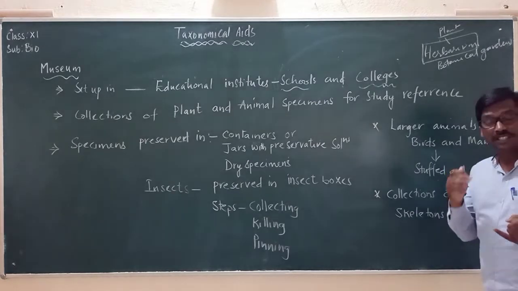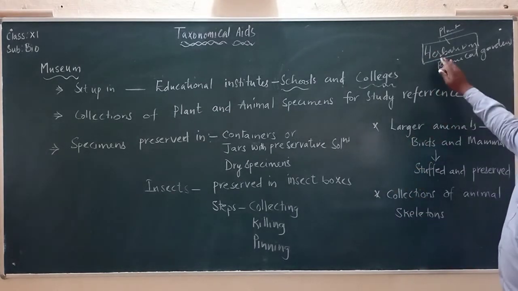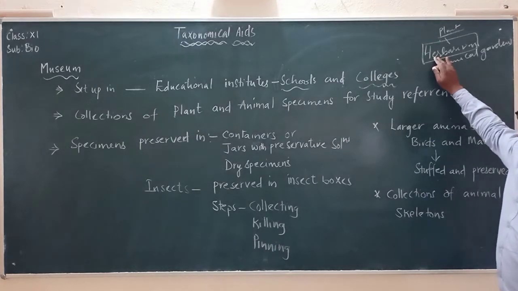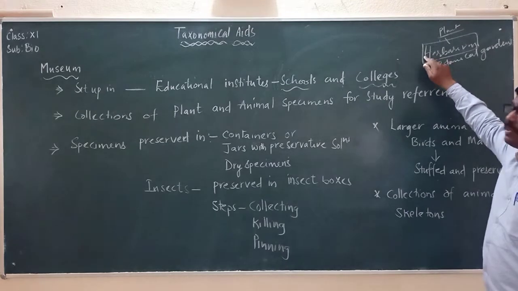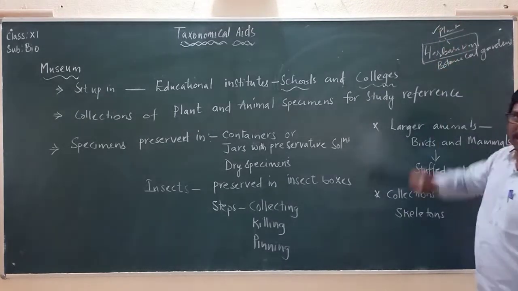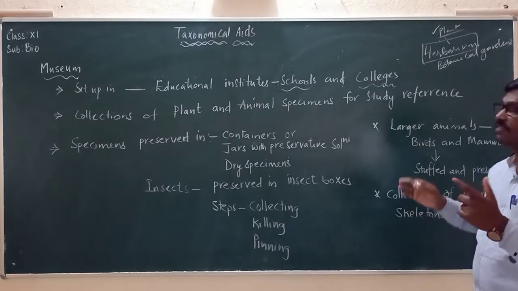They are dried, pressed and preserved on herbarium sheets. The main point to remember about the herbarium is that we are dealing with plants which are dead parts, not living parts.